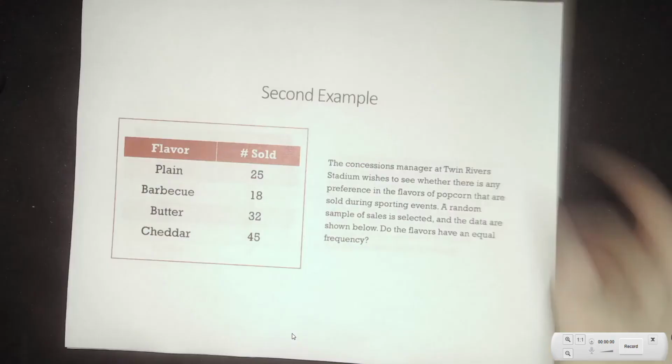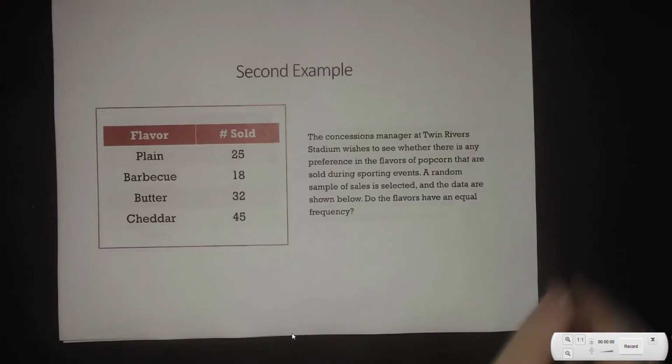A random sample of sales is selected and the data are shown below. Do the flavors have equal frequencies? Now, you might see that there are no specific percentages with this one, and it all comes from the flavors having equal frequency. So the whole idea with this one is that all of the flavors should be about equal to each other.